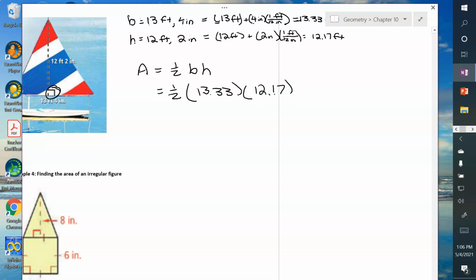So I'm going to punch all that in on my calculator. And I got 81.1, and this is going to be square feet.